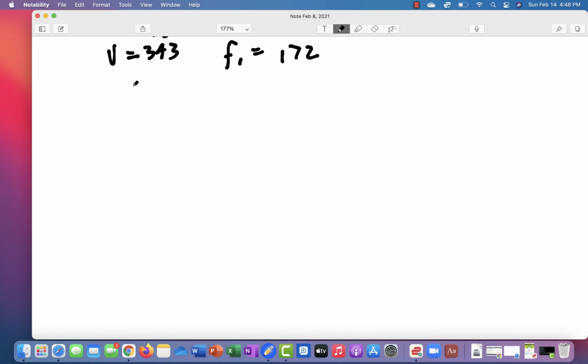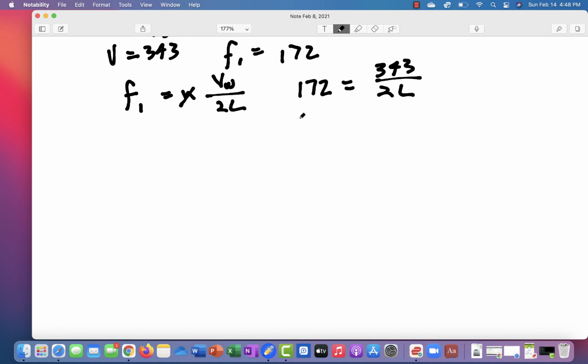And so the fundamental is equal to n VW over 2L. Well, n is equal to 1, so you can cancel that out. So you know that 172 is equal to 343 over 2 times the length. And if you solve this for the length, you're going to get 0.97 meters. So that's the length of that tube.